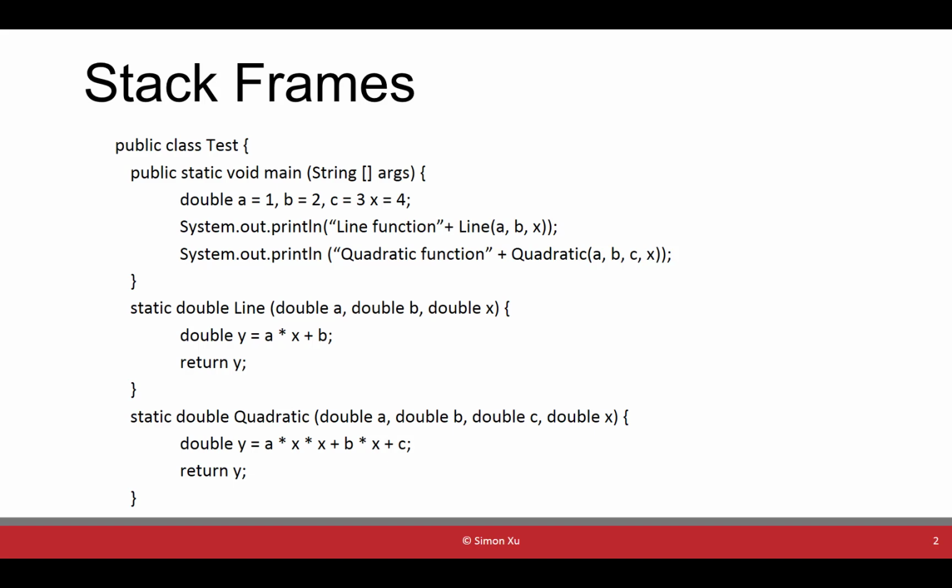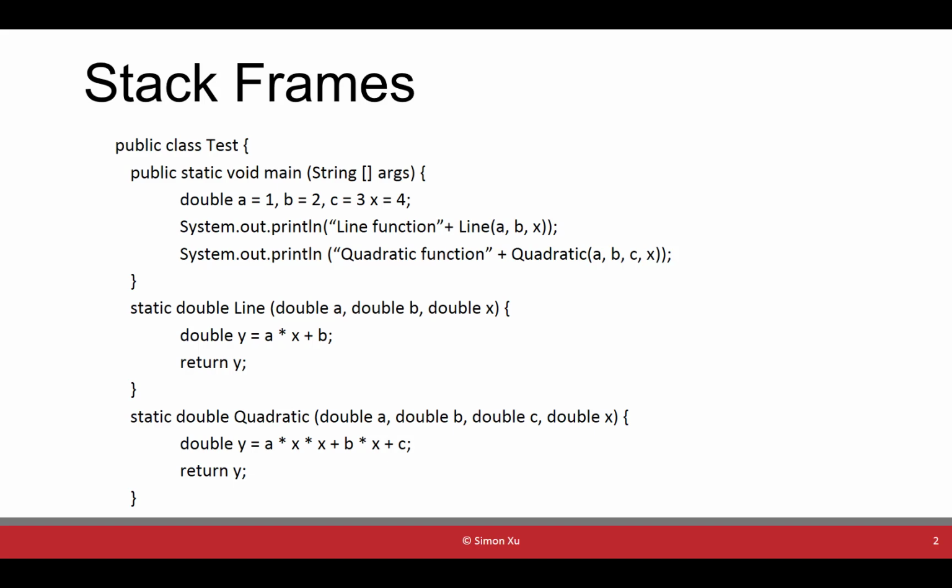Inside the top stack frame, we will store the information about parameters for the line method like A, B, X, and also the local variable Y, and of course the return address from line and the return value from line. At this moment, only the frame which represents the line method is active because it is on top of the stack.